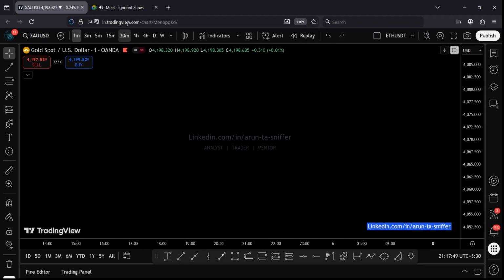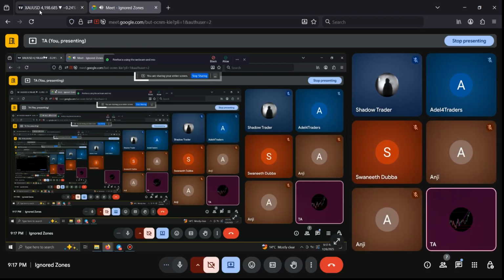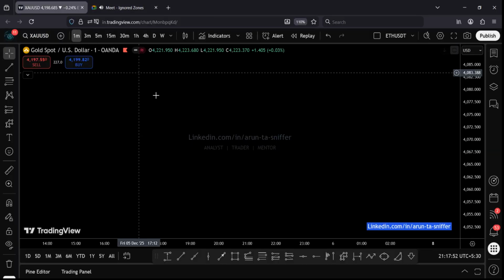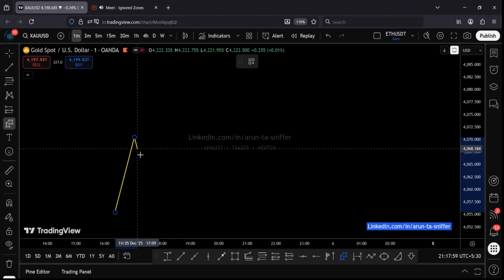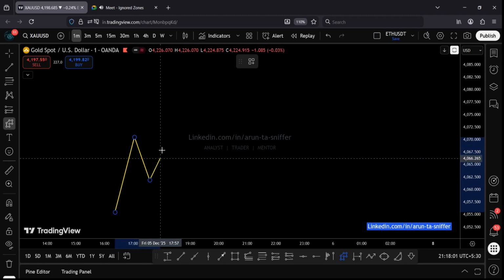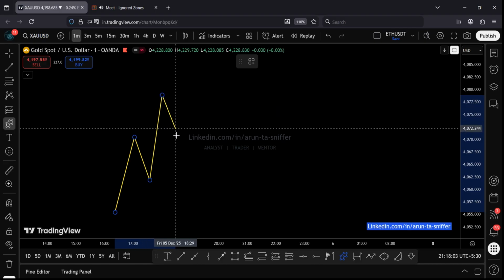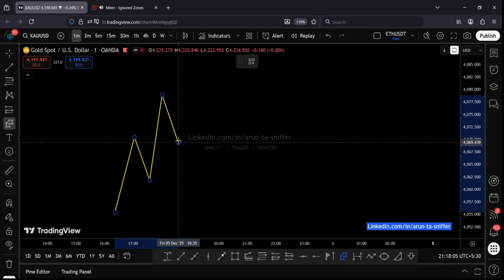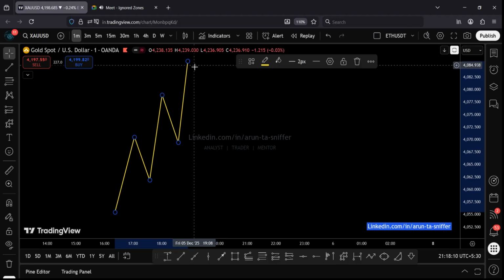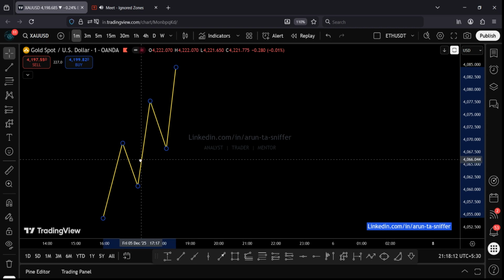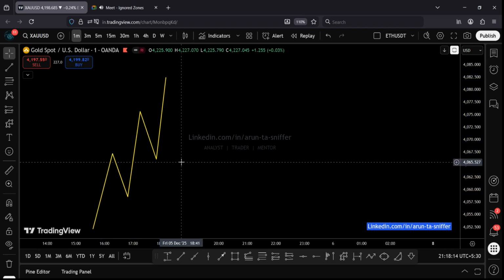Okay, in 3 drive, what happens? 3 drives are like this: first drive, second drive, third drive, like this one.